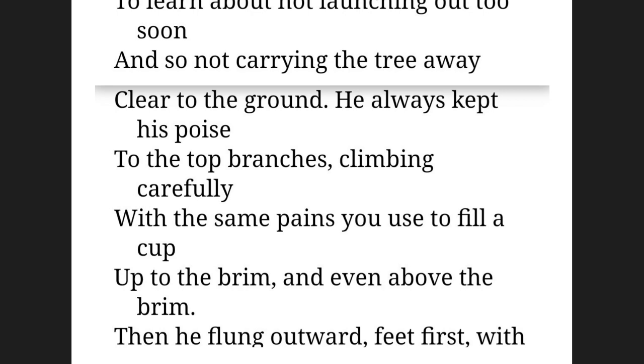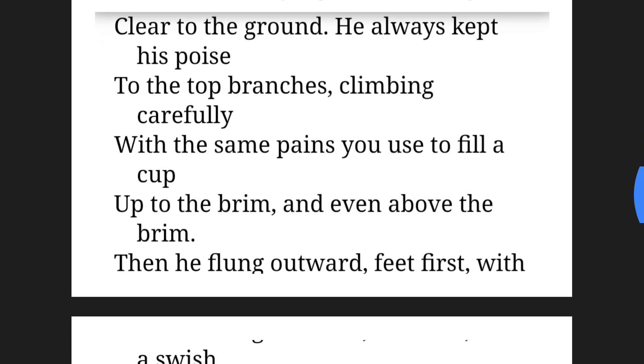So for this exercise, what does he have to do? He has to climb to the top. So climbing is something which has to be done carefully, and it takes the same pains as you need to fill a cup to the very tip or very edge. Brim means the upper edge of a cup, and even above the brim. Sometimes you can fill liquid in a cup even above the brim.